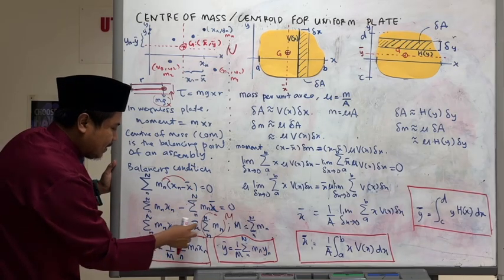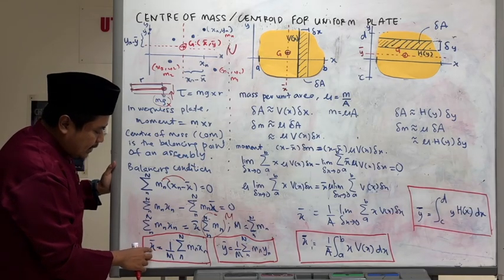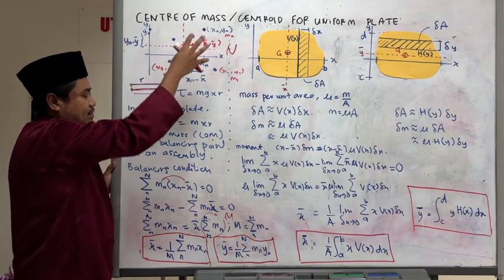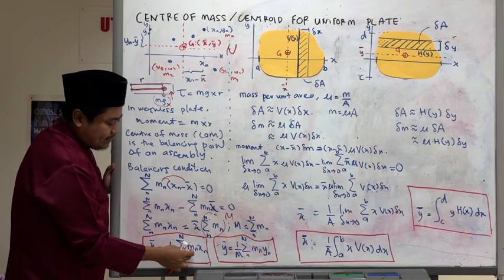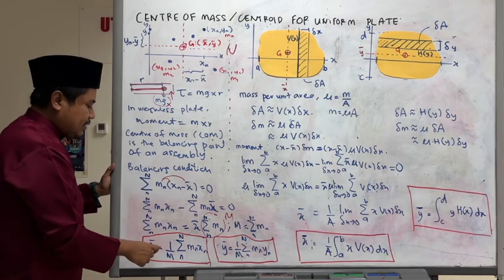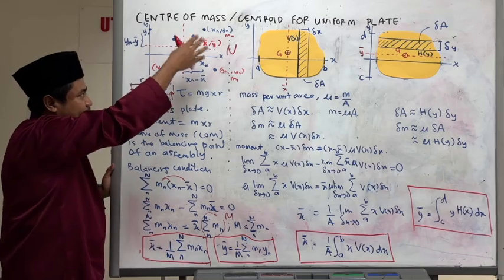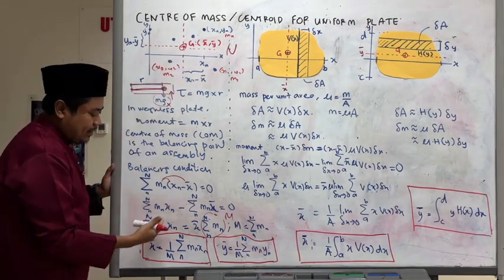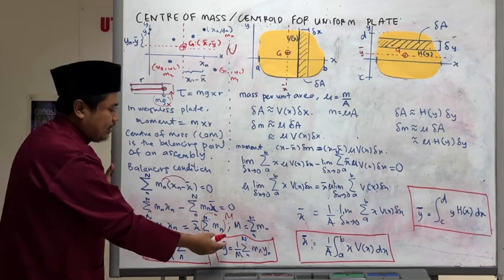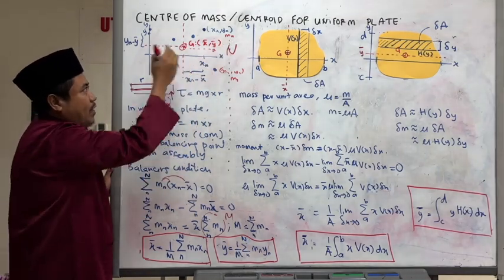When we arrange it back, we have 1 over the total mass, times the summation over all the particles of the product of the mass and the coordinate. So the center of mass for the x-axis can be calculated using this relation, and in a similar way we can determine the point for y.